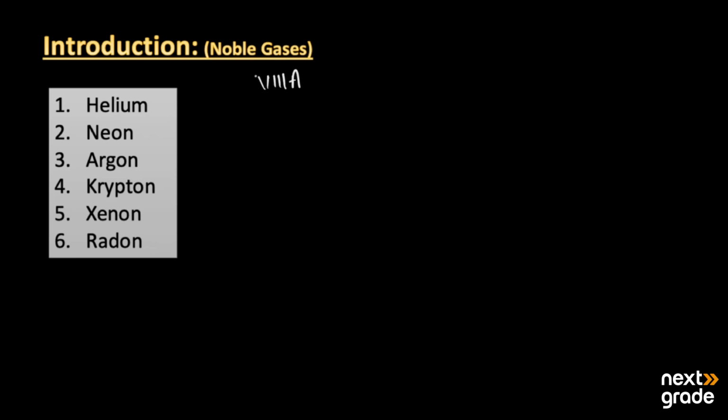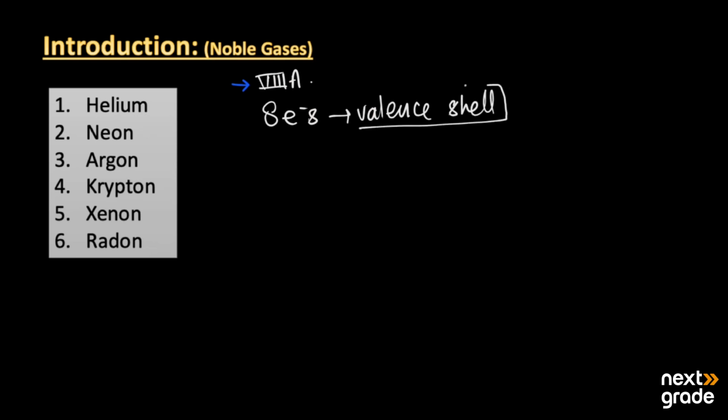8A in the periodic table, as they have the group number 8A. So, that's why they have 8 electrons in their valence shell. The valence shell means the outermost shell in which the electrons reside, which can participate in the chemical reaction.